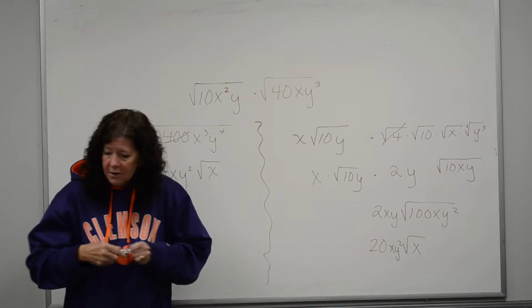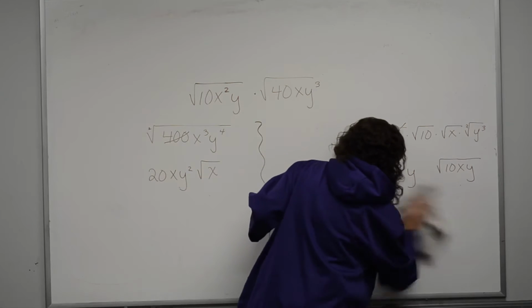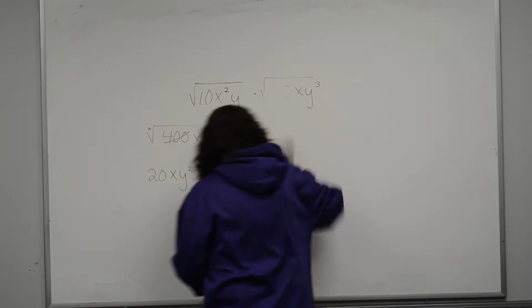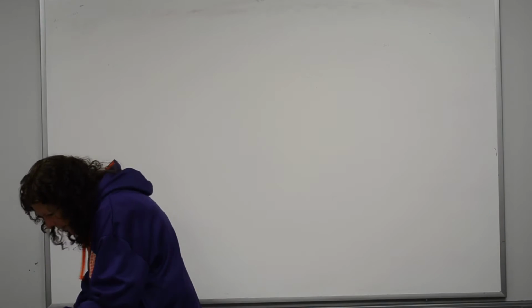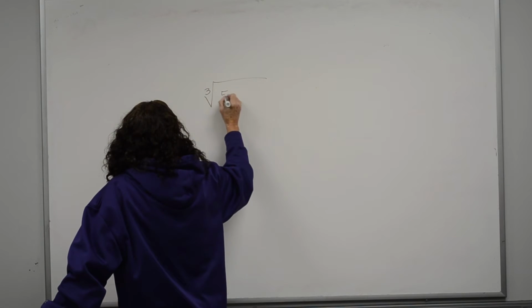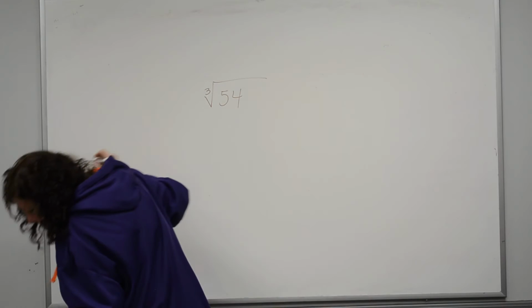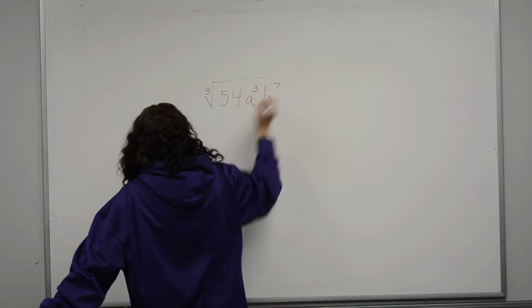Now let's do one that the numbers don't come out at all. All right, look at this particular one. The cube root of 54 a to the third, b to the seventh.